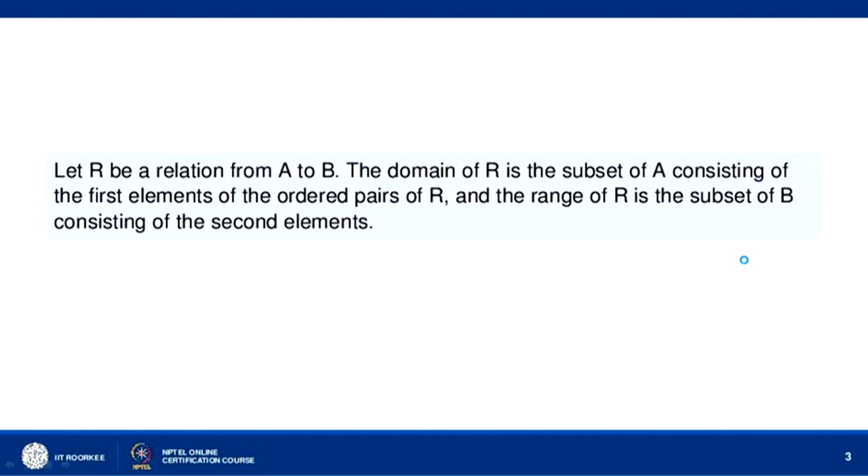Now, let R be a relation from A to B, that means R is a subset of A cross B. Then what is the domain of R? The domain of R is the subset of A consisting of the first elements of the ordered pairs of R. So, consider all the ordered pairs of R, then their first elements constitute the domain of R, while the range of R is the subset of B consisting of the second elements of all the ordered pairs of R. So, you consider all the ordered pairs of R, then you figure out all the second elements there.